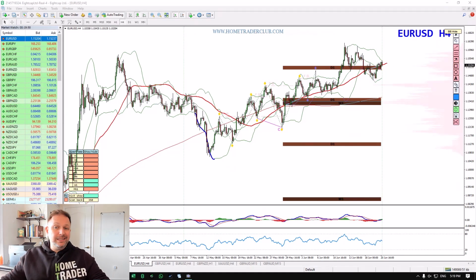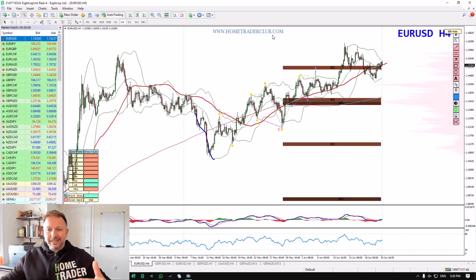For the ideal scenario, the euro dollar should follow something like that, complete another false breakout, maybe even more than one, something like 1 and 2, and from there make the big reversal to the downside.